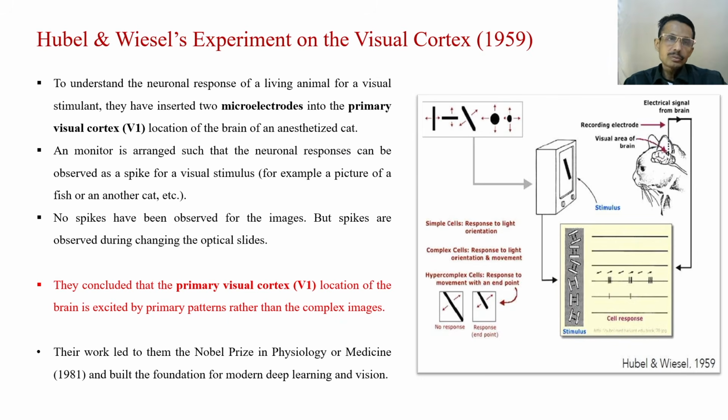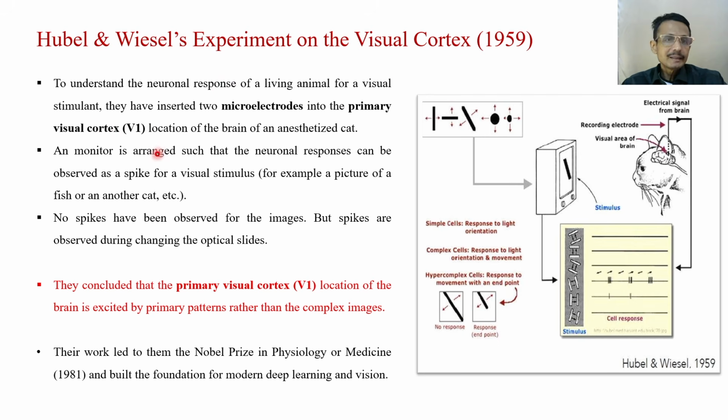I would like to start the lecture with a very old story. In 1959, two scientists, Hubel and Wiesel, did a very interesting experiment. They wanted to understand the neuronal response of a living animal to a visual stimulus.